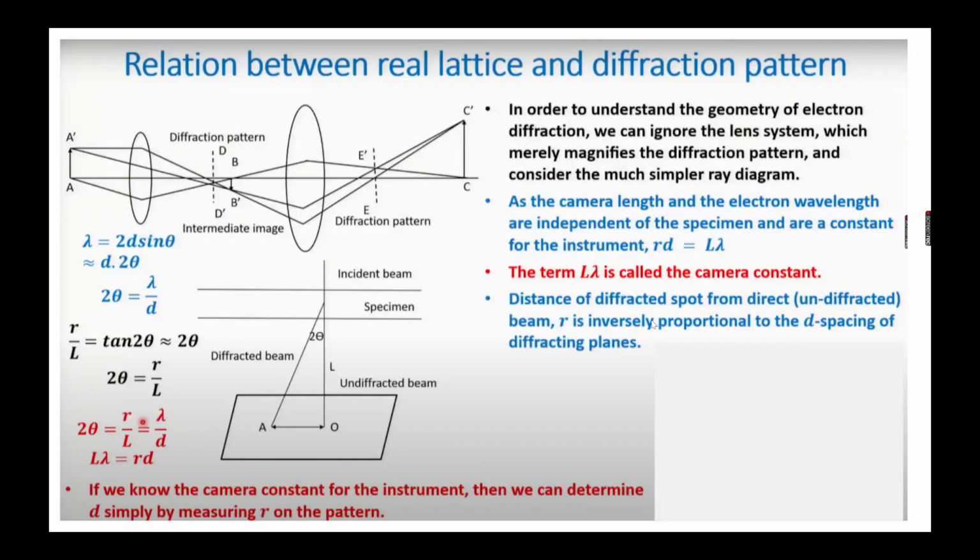The camera length and the electron wavelength are independent of the specimen and are constant for the instrument. You have to remember that whatever specimen you use, the camera length and electron wavelength are independent of it and constant for the instrument.